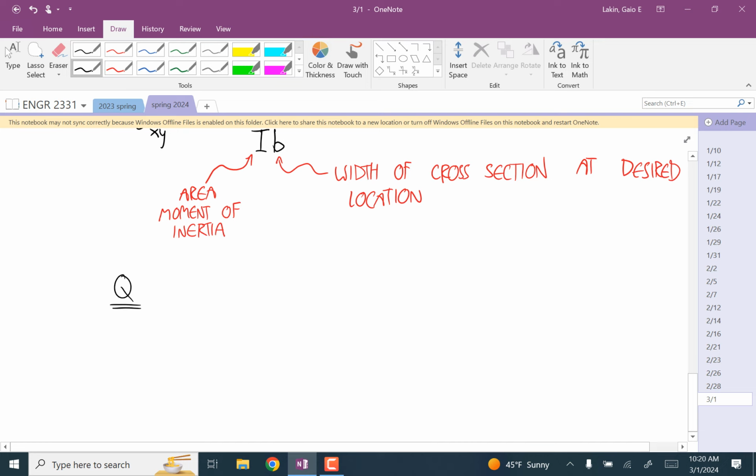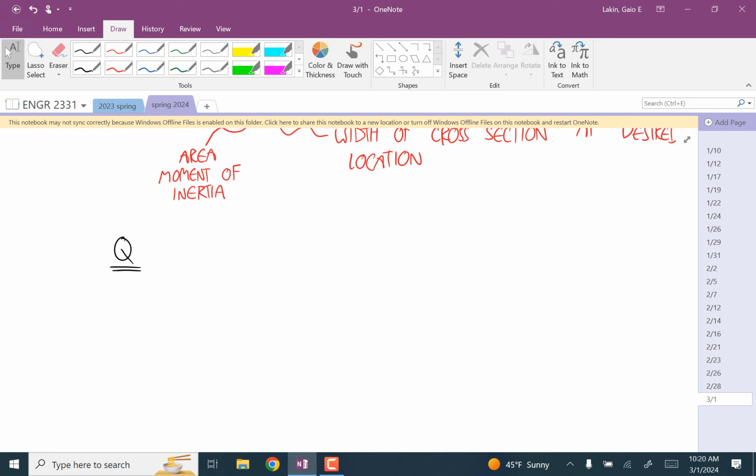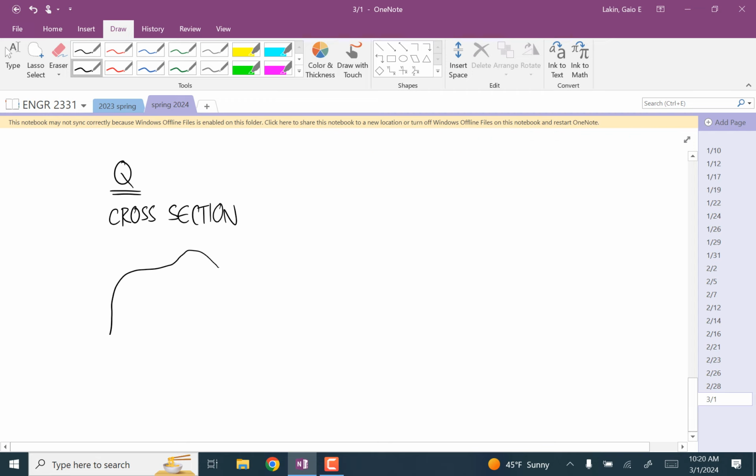Now to calculate this variable Q, I'm going to draw a cross section, and you can calculate this for any shaped cross section. If you calculate the centroid of your cross section, you can define the neutral axis.